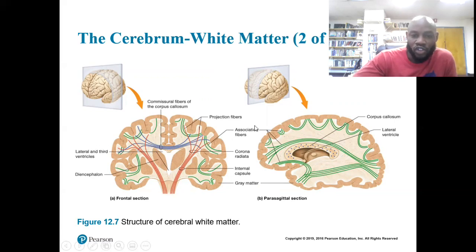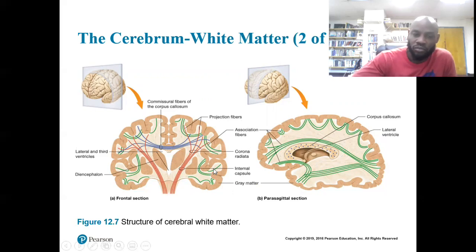Then we also have projection fibers, which connect different parts of one side of the brain to other parts of the brain and the spinal cord, and through the spinal cord. Association, no, sorry, that's projection fibers. Association fibers then connect the same side of the brain with parts of the same side of the brain.